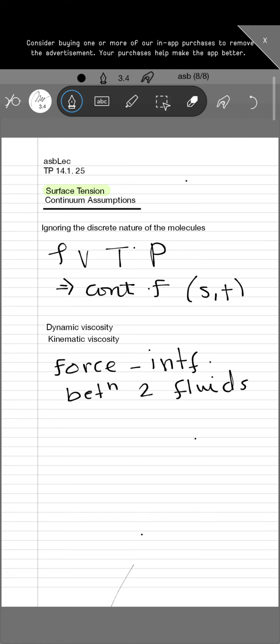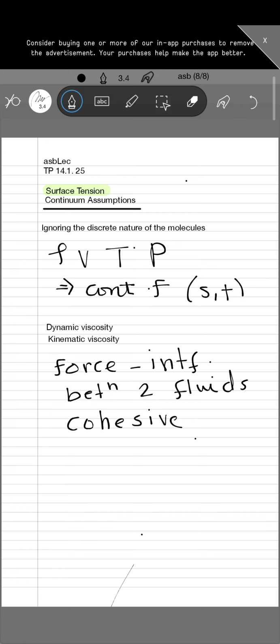The reason for its occurrence is mainly considered to be the cohesive force in the fluid.